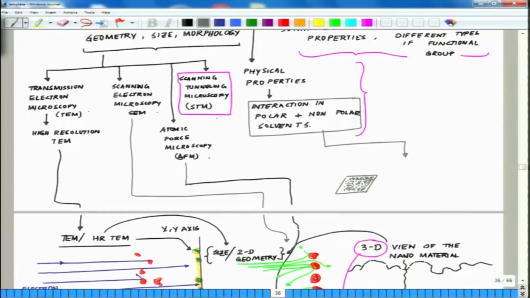Now, once you form a layer of it on a substrate, you put a drop of water on top of it.